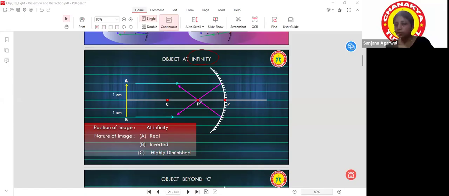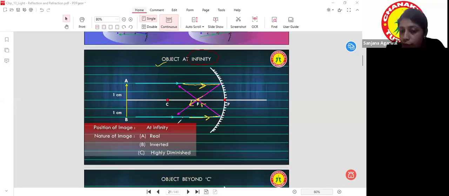If a question asks you to explain along with the diagram, this has to be drawn in that particular question. So parallel rays of light are allowed to fall upon the mirror. You can say sunlight. After reflection, they will pass through the focus. Another ray below the principal axis, if it strikes the mirror, again after reflection, will pass through the focus.